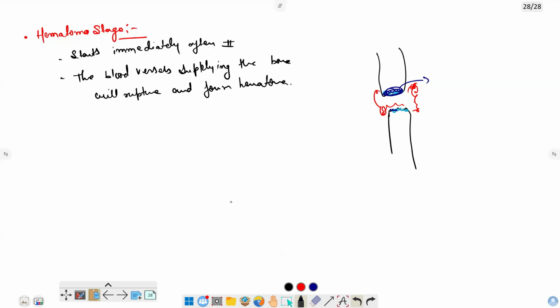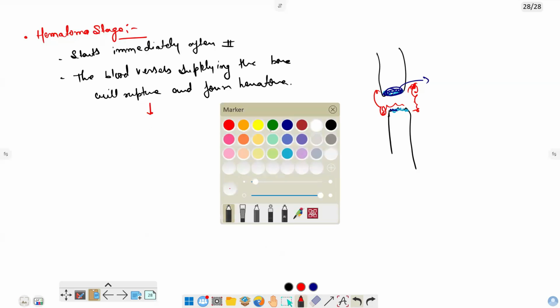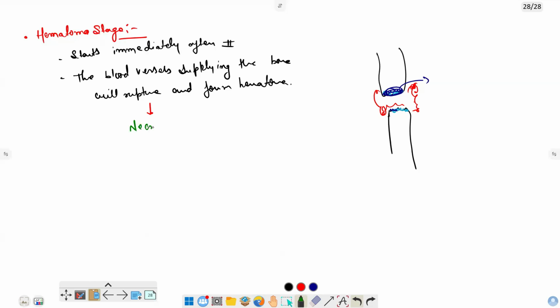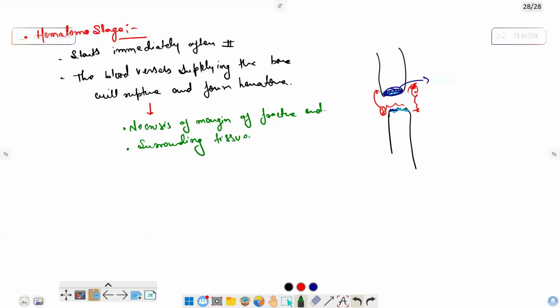Because of the rupture of these blood vessels, there will be necrosis of the margin of the fracture ends and the surrounding tissues.